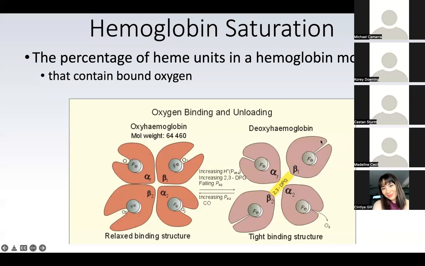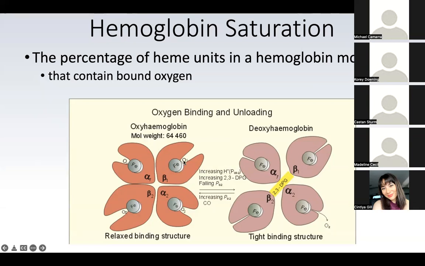So when we talk about saturation, we look at how many of the 4 iron ions have oxygen bound to it. And I will tell you that every time oxygen binds to iron, it makes it easier for the nearby iron ion in the nearby globin chain to bind oxygen.